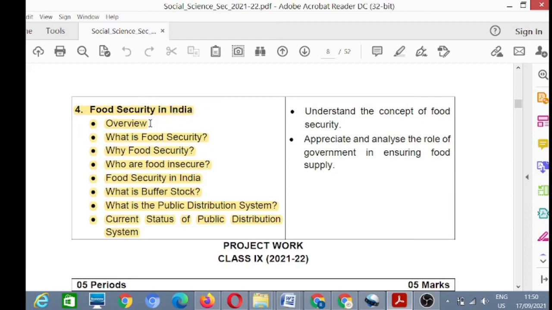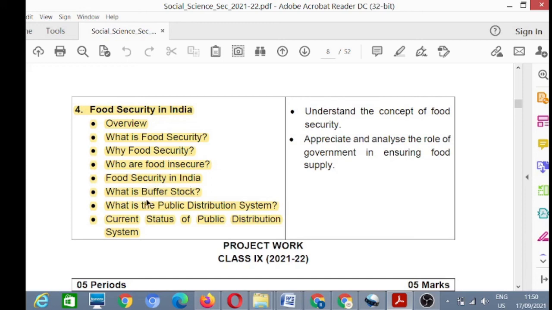For that, the first topic is an overview. Then what is food security? Why food security? What is the need of food security? Who are food insecure? Generally, poor people are food insecure. Then food security in India.